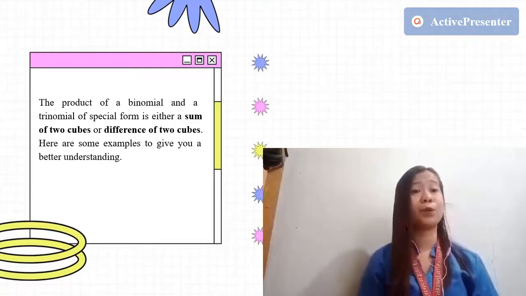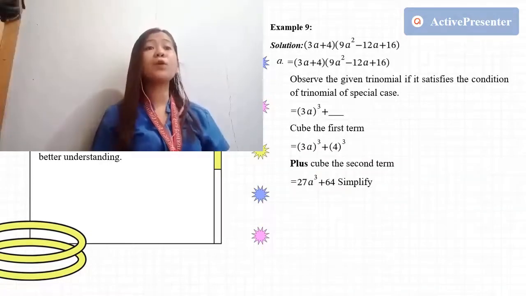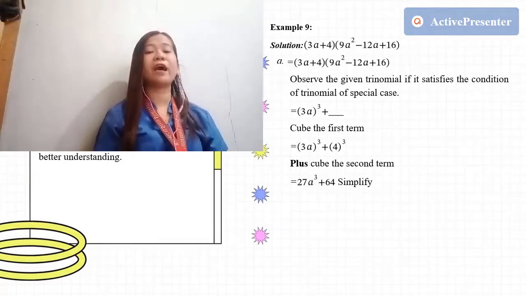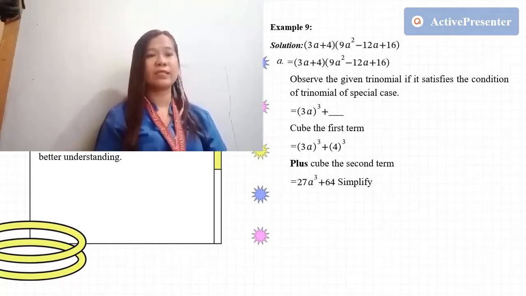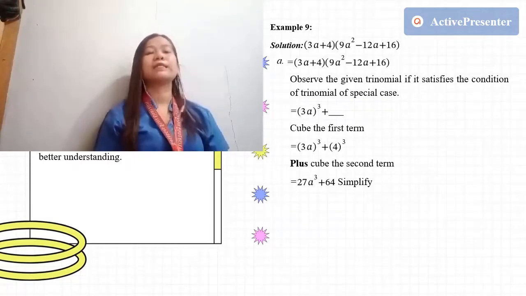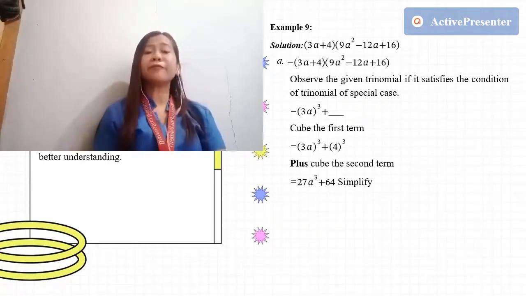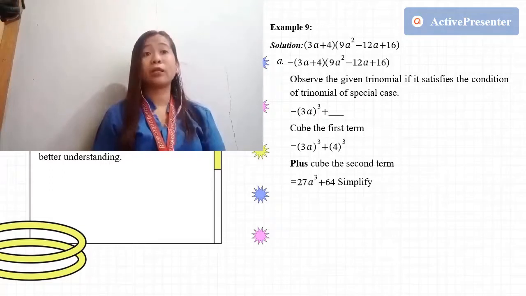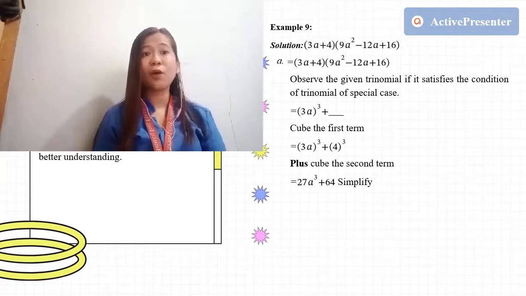Number 1 example: we have the binomial 3a plus 4 times the trinomial 9a squared minus 12a plus 16. Let us focus on the binomial, 3a plus 4. We find the cube of the first term, (3a) cubed, then plus the cube of the second term.